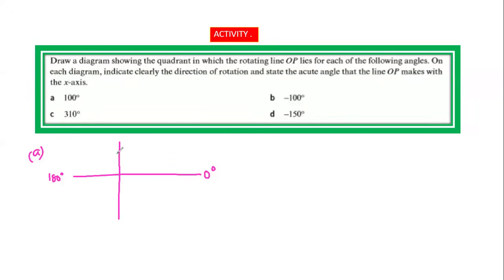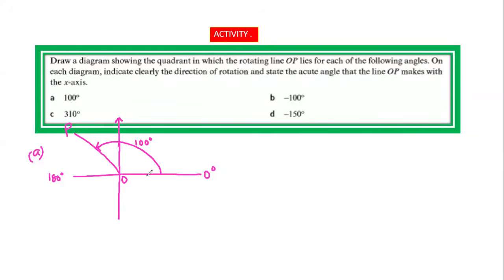Now, we are going to indicate 100. So you do notice that 100 is going to be somewhere here. Remember we are rotating 100. This is 100 degrees here. And this is line O to P. Take note that this is your first. Let me make this long enough such that people can see.